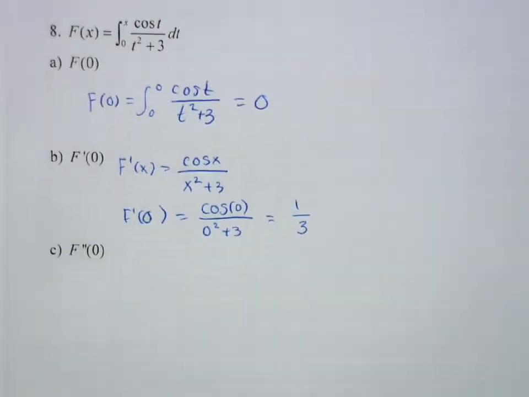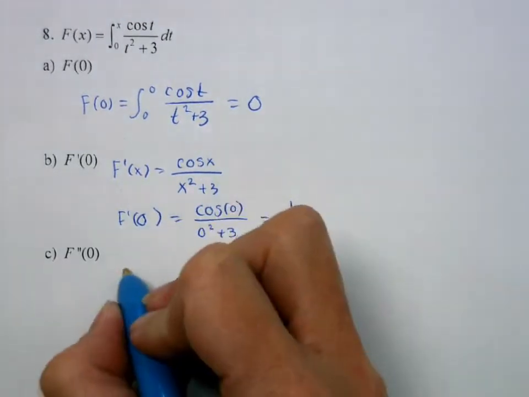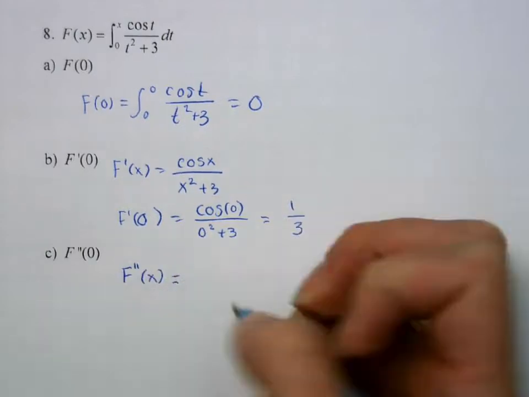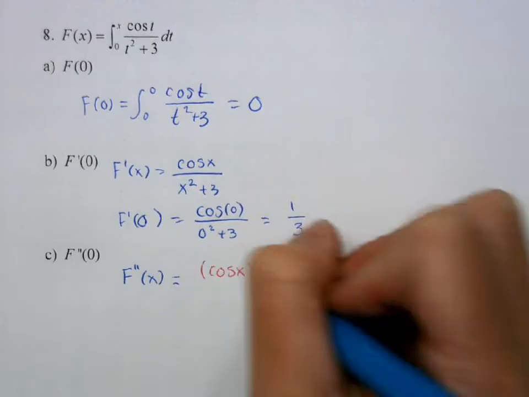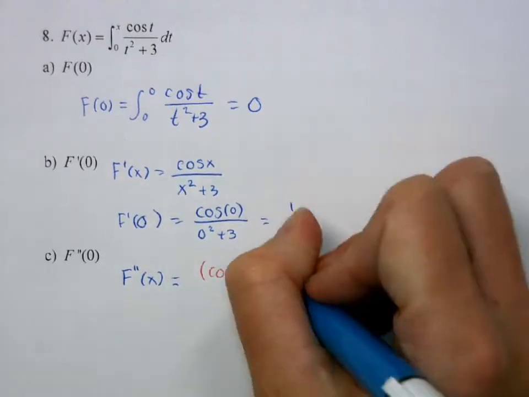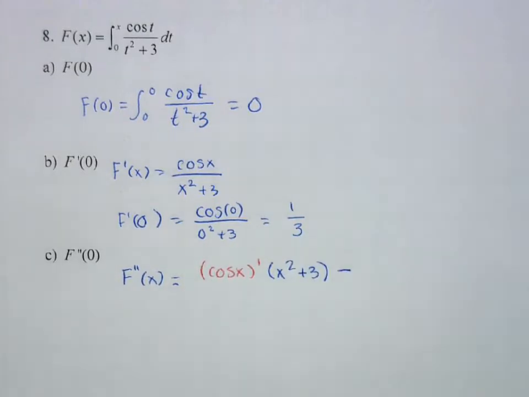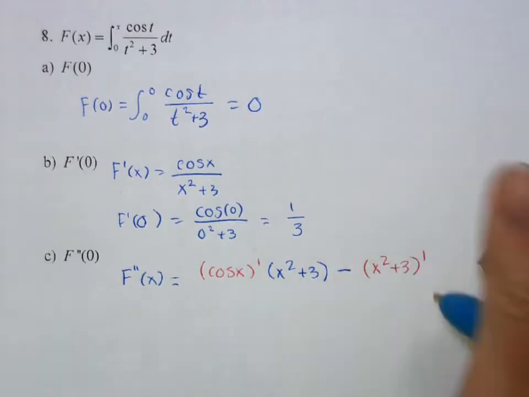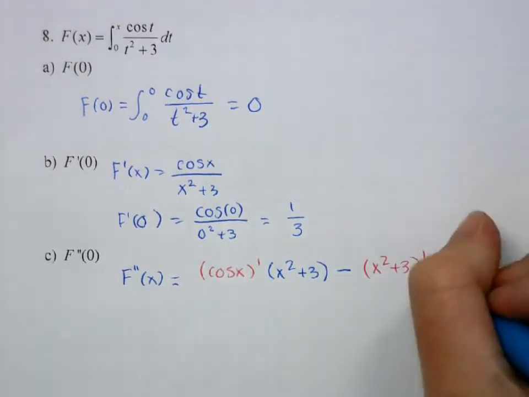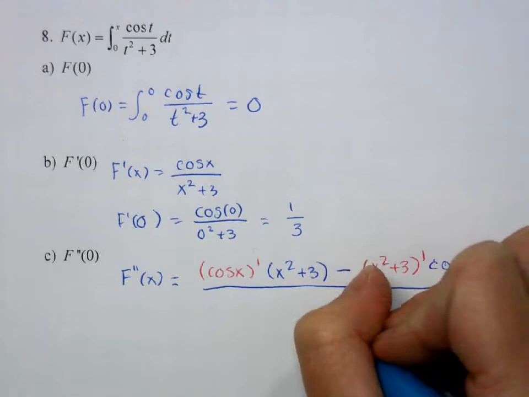Okay, the second derivative is going to be the derivative of this. And we have a quotient. So it's going to be the derivative of cosine of x, good old quotient rule, all over the denominator squared.